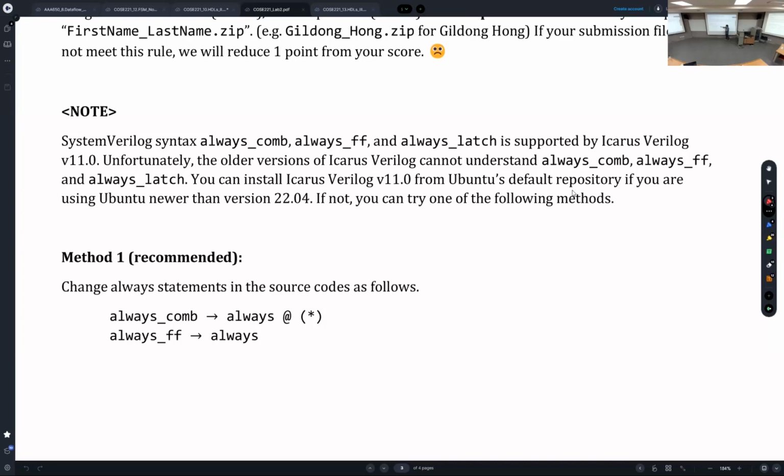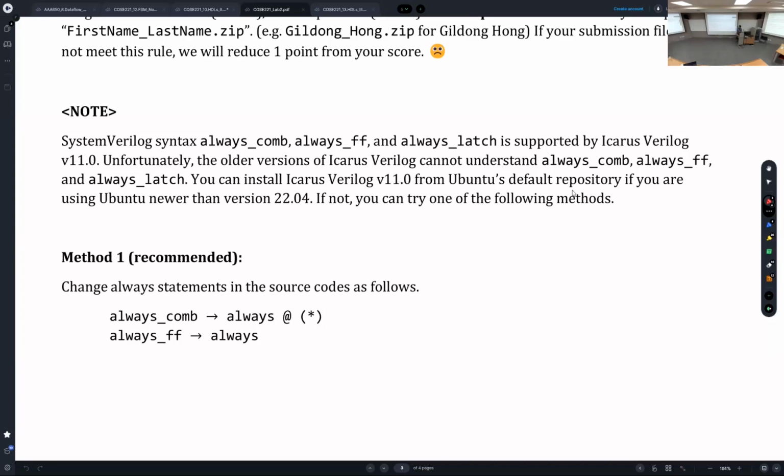You can change always_comb into always @ with brackets and a star. You can also change always_ff to always.